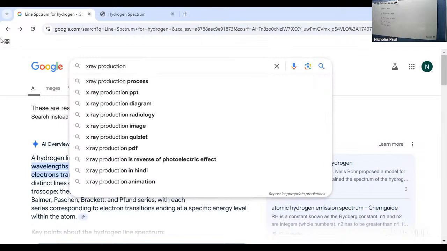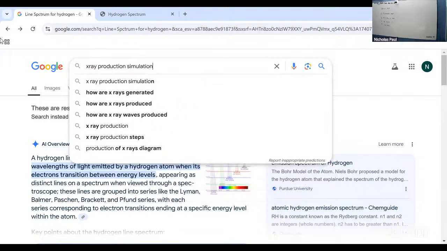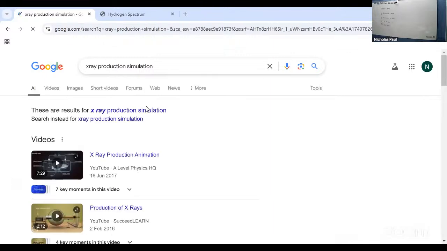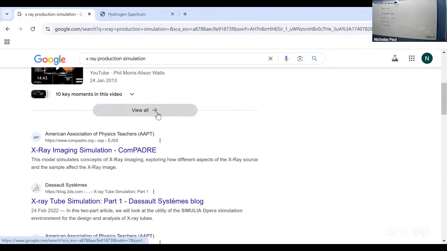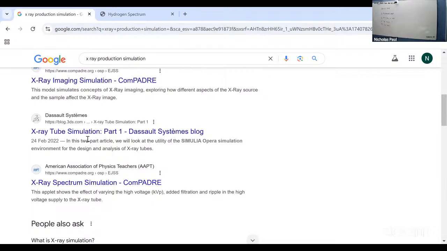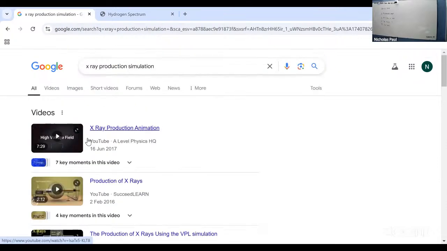X-ray production, whatever simulation. I never did this. Let me see if this video works. I never did this before, ever.